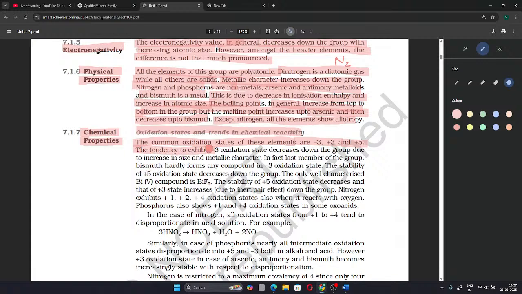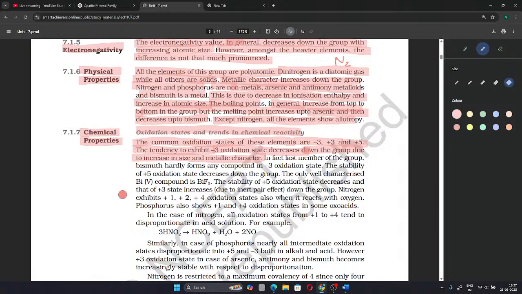The tendency to exhibit the -3 oxidation state decreases down the group due to increase in metallic character. This is obvious because the anionic property is generally not shown by metals. As we go down the group, electropositivity and metallic character increase.